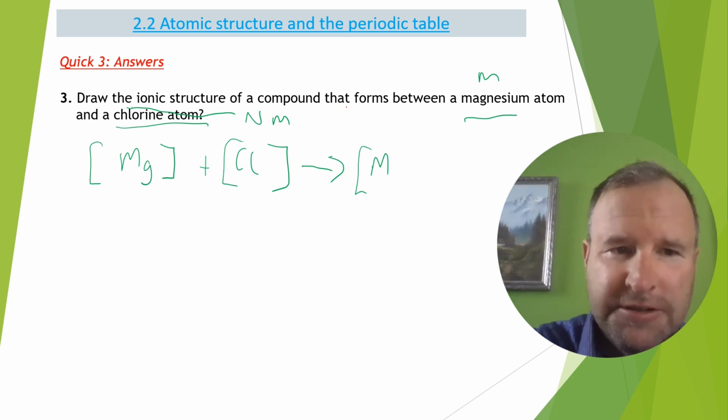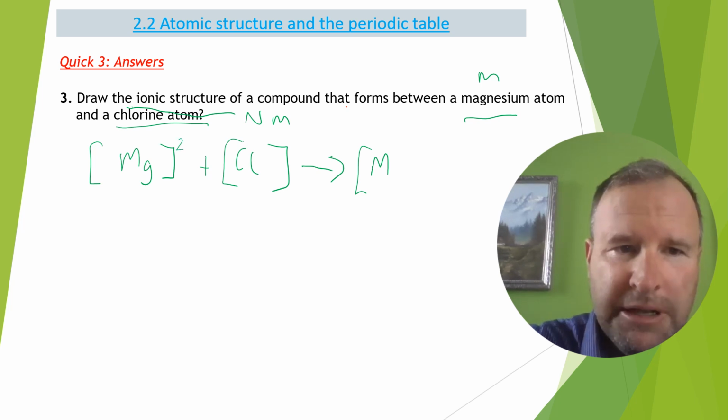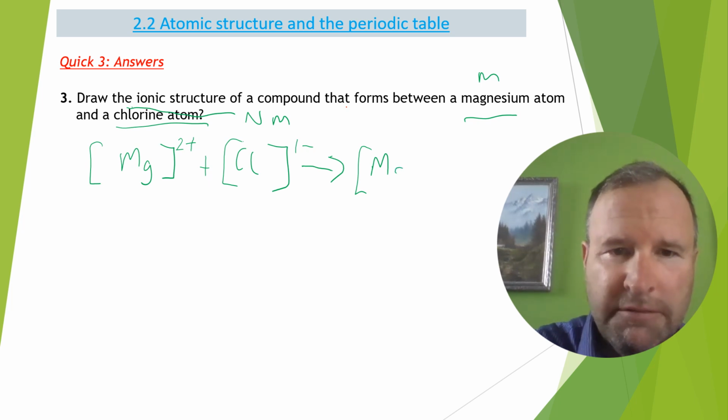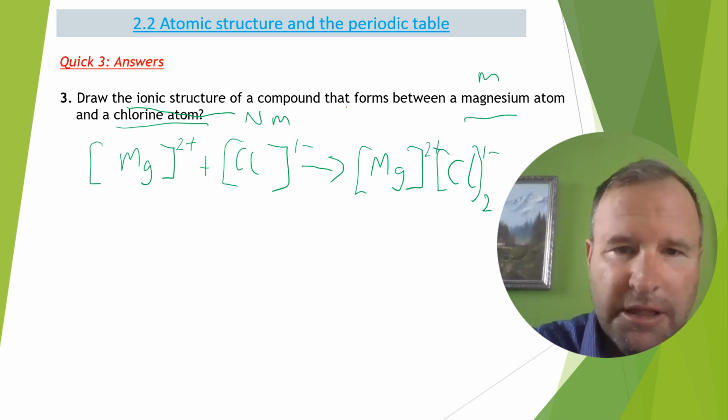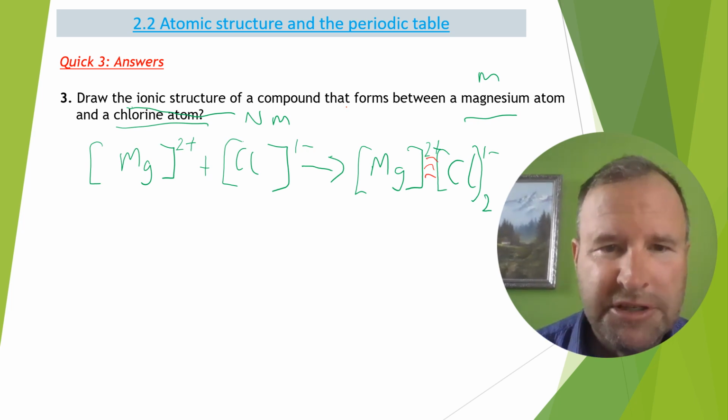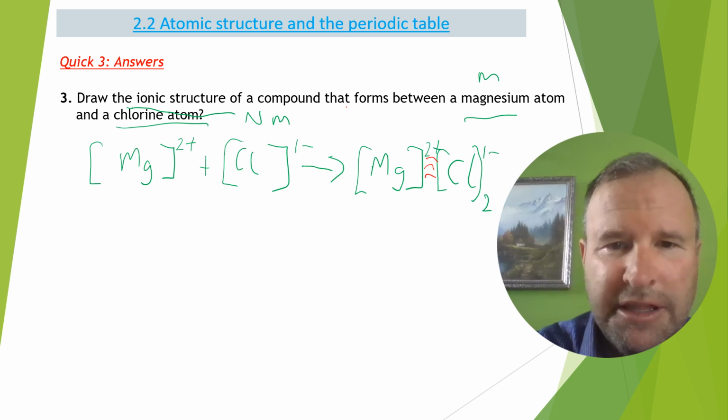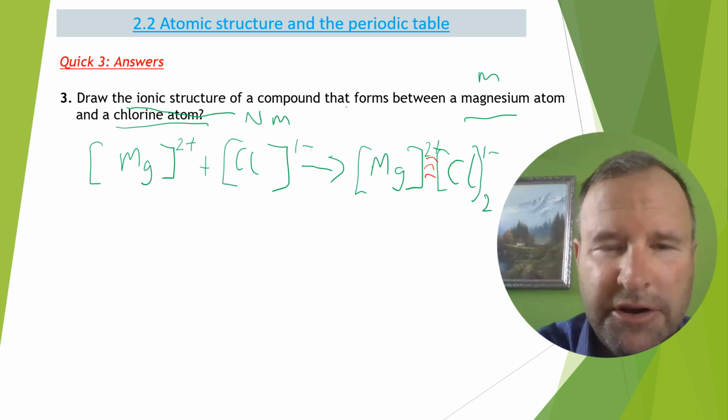With the charges, this forms 2 plus, that forms 1 minus. To balance them off, we have to have 2 chloride ions, 2 plus, 1 minus, to balance off the charges, and that forms that sort of electrostatic bond between the positively charged magnesium ion and 2 lots of chloride ions.